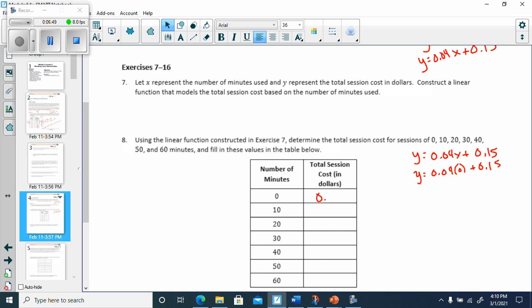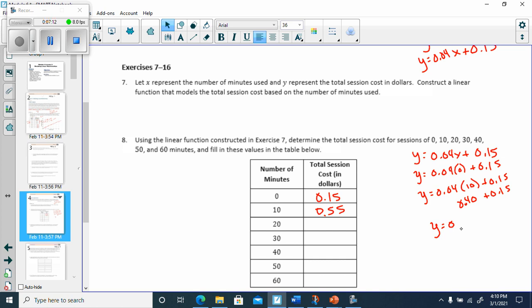That's just 15 cents. How about at 10 minutes? Y is equal to 4 cents per minute times 10 minutes plus 15 cents. Well, that would be 40 cents plus 15 cents. That's 55 cents.